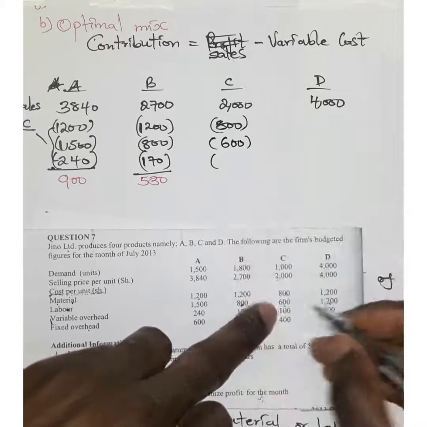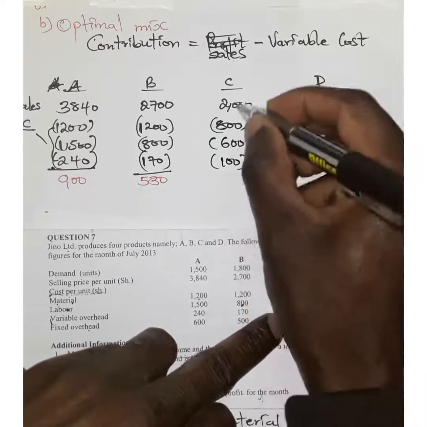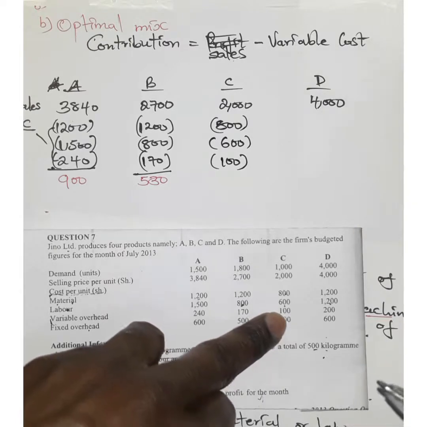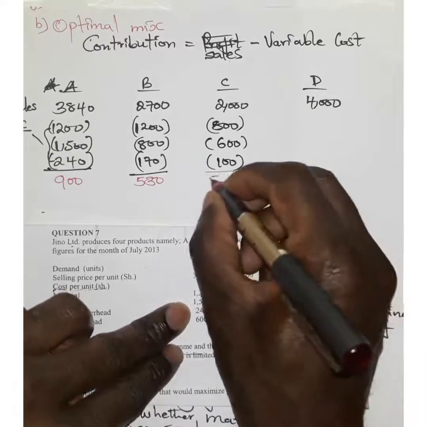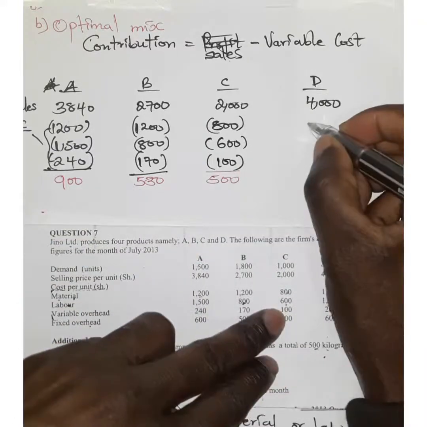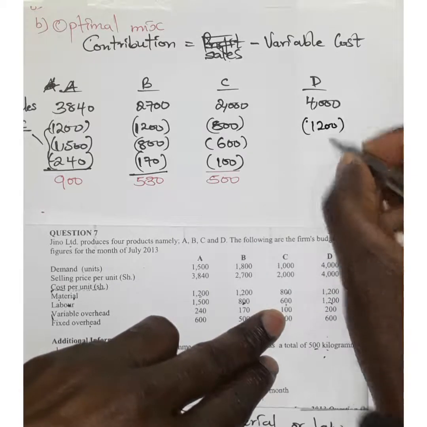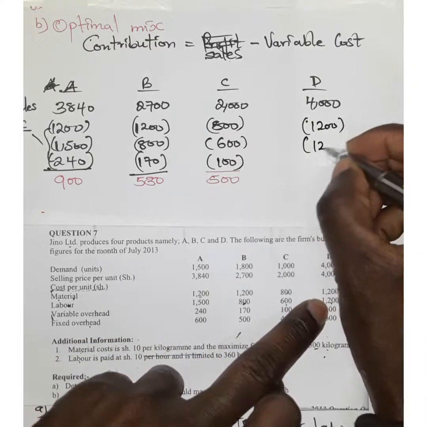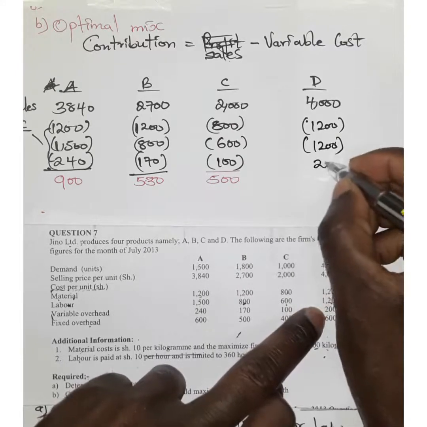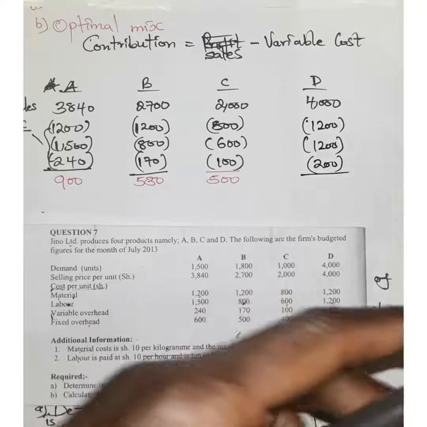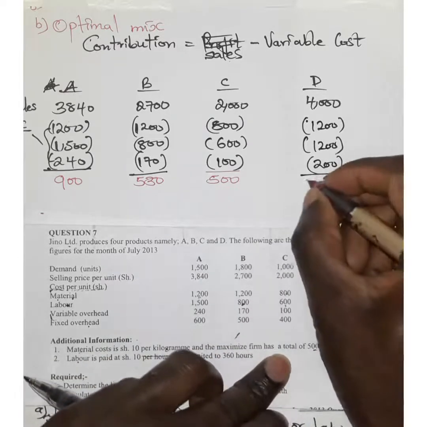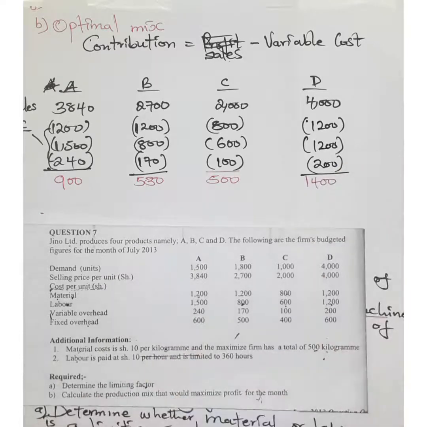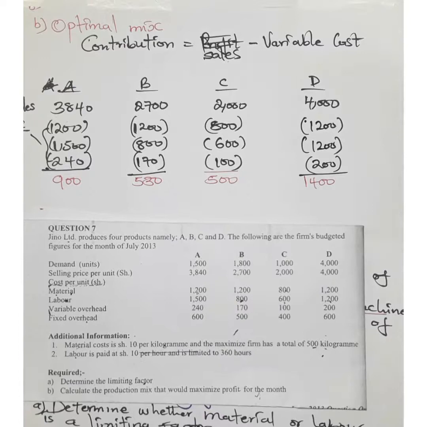We less 100. When you less these three from that, you're supposed to get a value of 500 shillings. Then finally for D we have 1200 minus 1200 again minus 200, and then we get a value of 1400 shillings. That one is now our optimal contribution mix.